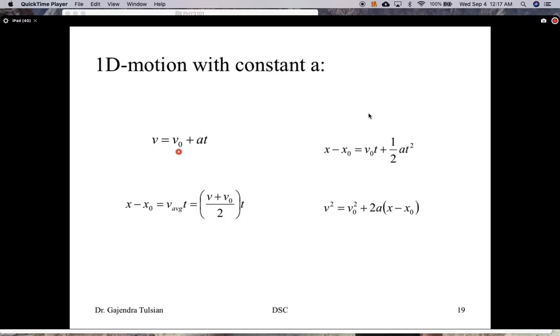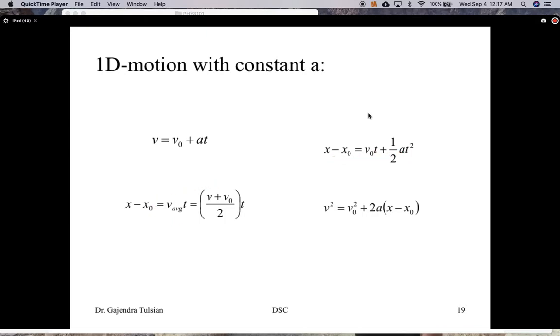So here are the four kinematic formulas we'll use. These four formulae are valid when acceleration is constant. The final velocity is equal to initial velocity plus acceleration times time. So this is velocity as a function of time. This is displacement, final position minus initial position, equal to average velocity times time, and average velocity is final velocity plus initial velocity divided by 2.